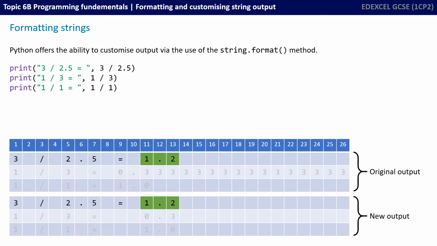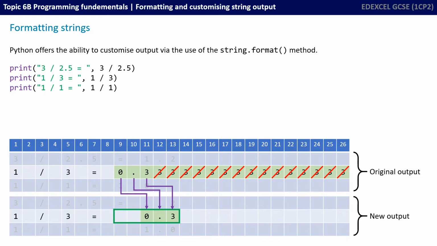So let's look at the first output line, 1.2, in effectively output columns 11 to 13. Well, that's fine. We don't actually need to fiddle with the output of that format. The second one, however, we do. To get it to line up neatly, we want to move the 0 point and the 3 two columns over to the right to line it up with the 1.2 above.